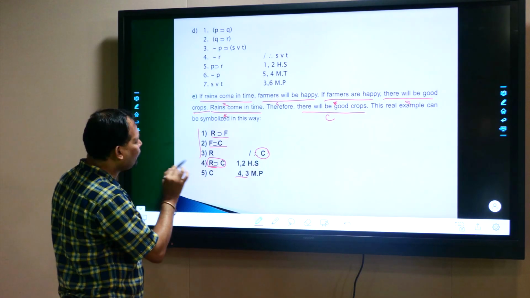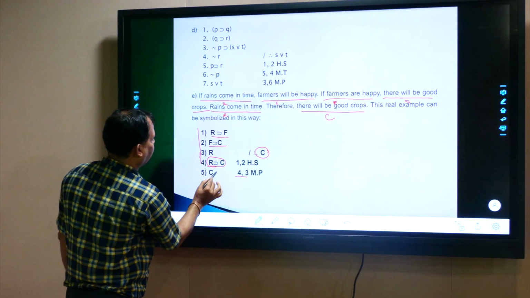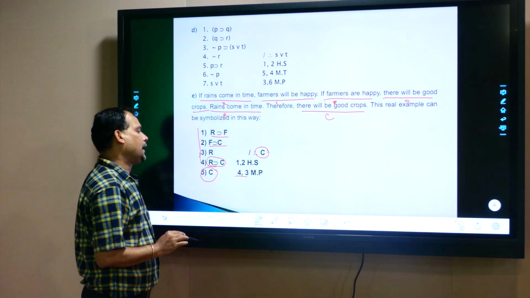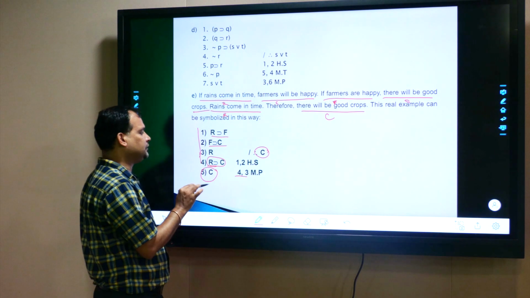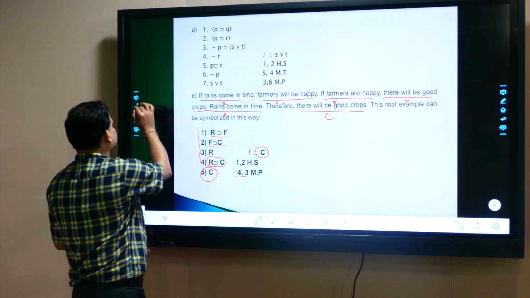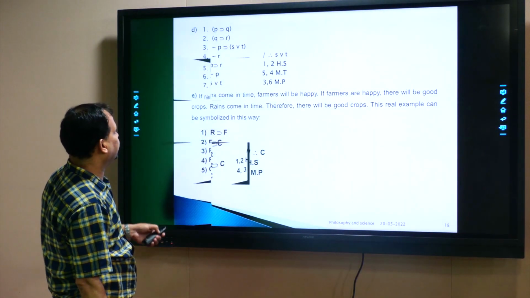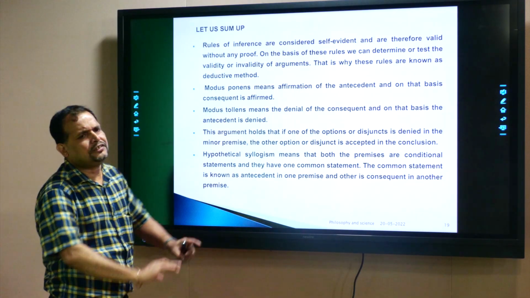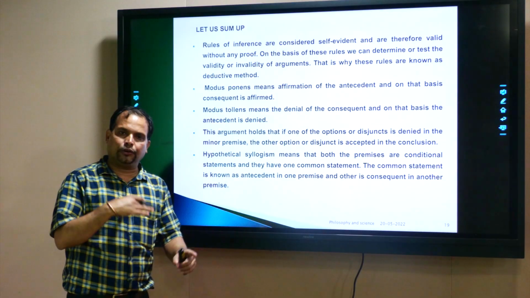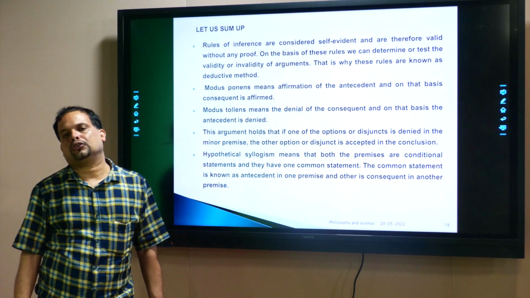That is, we find the conclusion C by applying modus ponens in steps 4 and 3. So this is the solved example of rules of inference, dear learners. This is all about the rules of inference, and how we can apply them in order to deduce the conclusion.